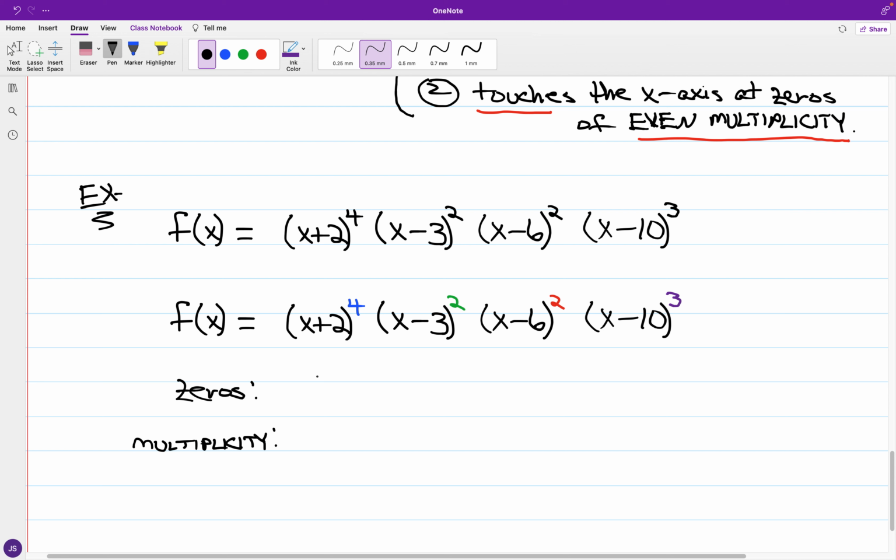First, with x plus 2 equal to 0, we have x equal to negative 2. If x minus 3 is equal to 0, x is equal to 3. For x minus 6 equal to 0, x is equal to 6. And for x minus 10 equal to 0, x is equal to 10.